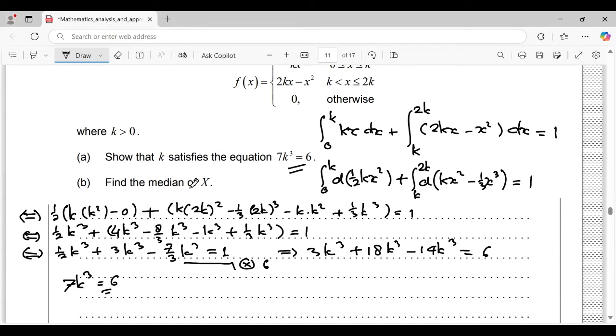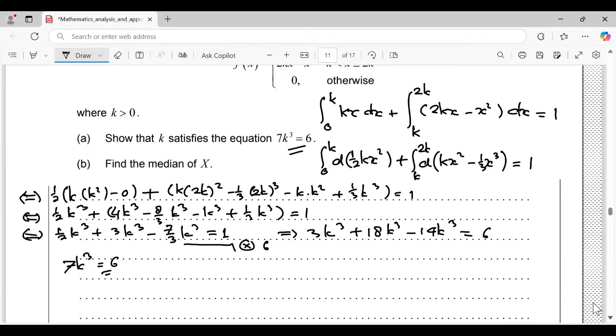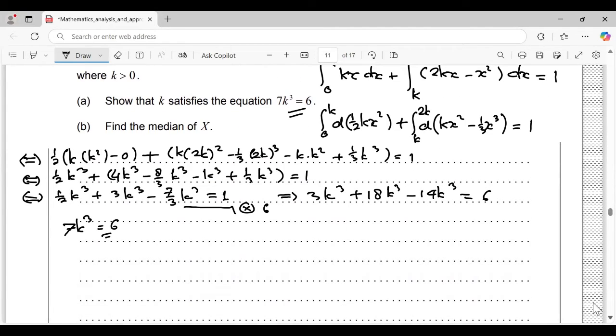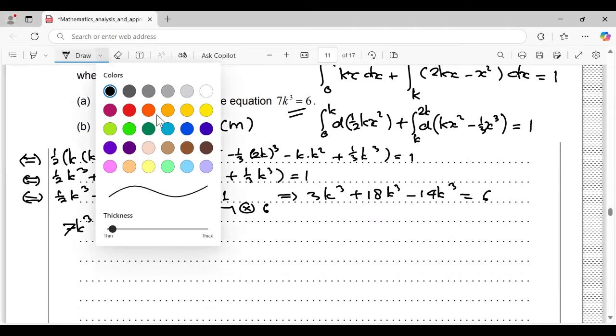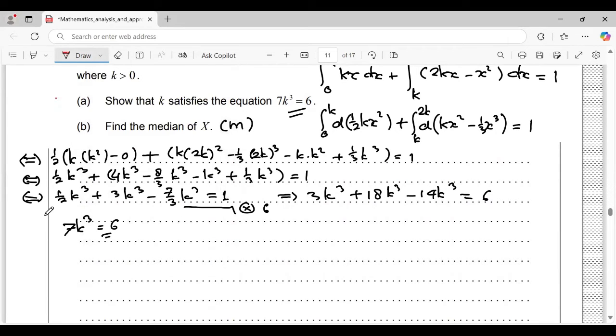Part B, find the median of x, or find m. I would like to use a different color.